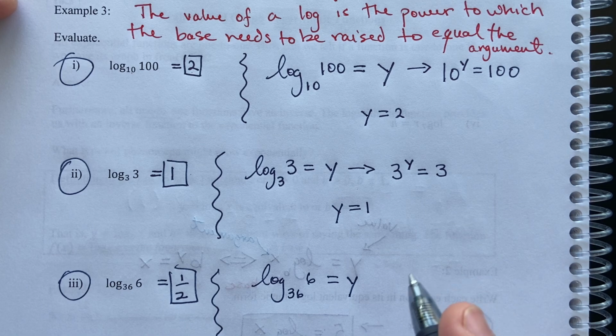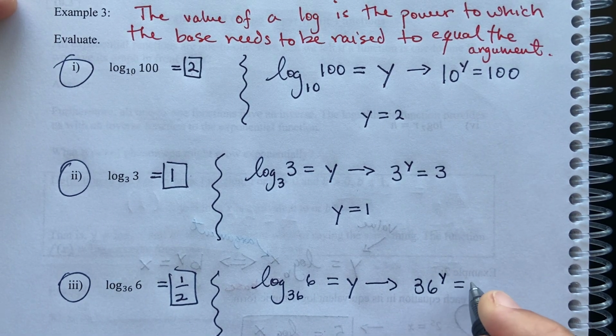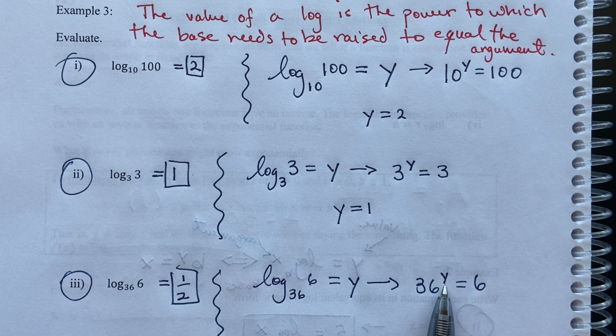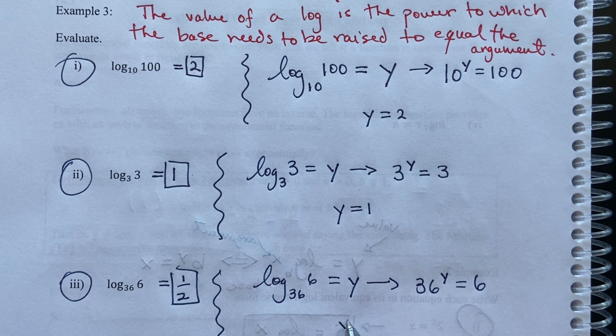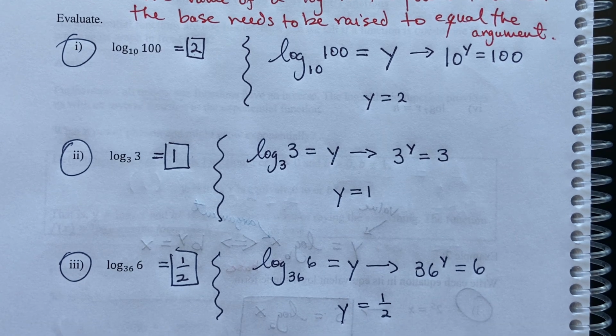Then rearranging this into exponential form, we can write 36 to the y equals 6. So basically I need to take a square root of 36 to get a 6. So y equals a half, which is the same as a square root. The power 1/2 is the same as a square root.